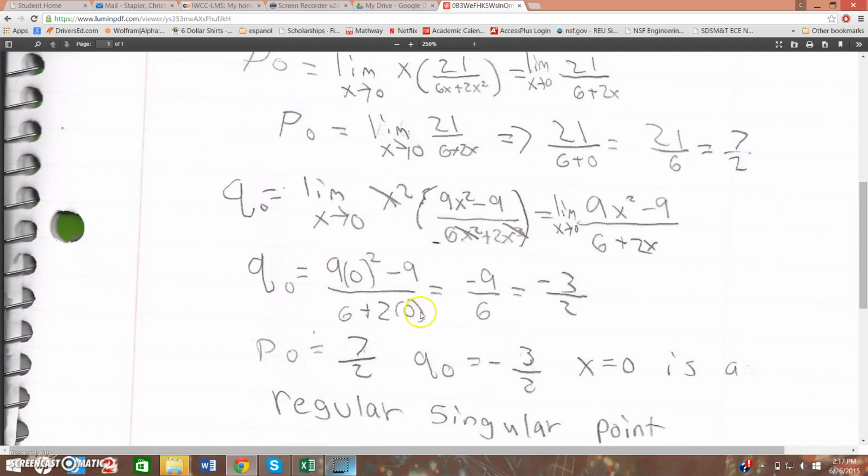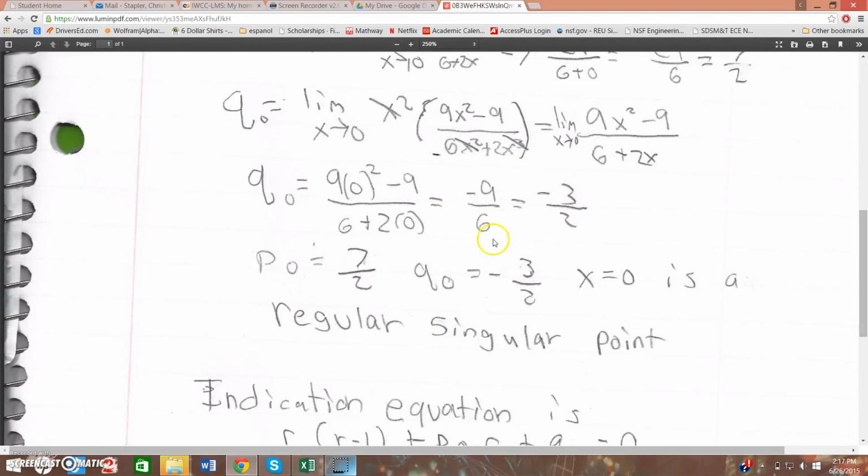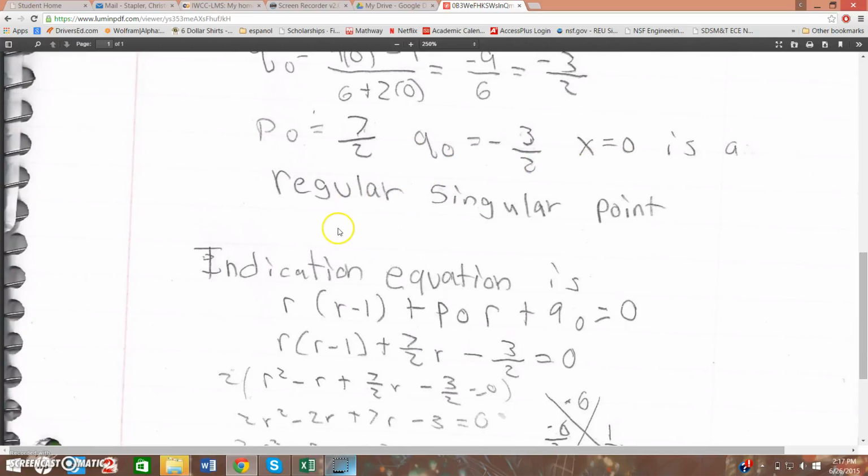Plugging in 0, I find that the limit does exist and is negative 3 over 2. So since we found that both the limits for p naught and q naught exist and we got numbers for them, that means x equals 0 is a regular singular point.